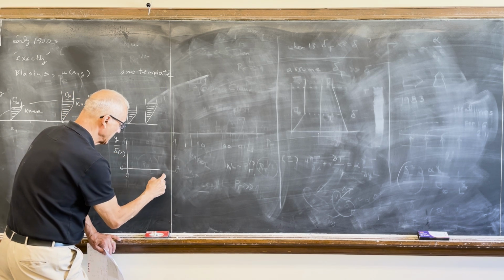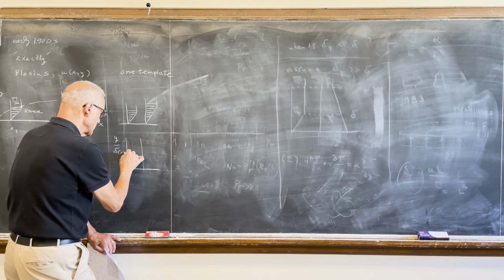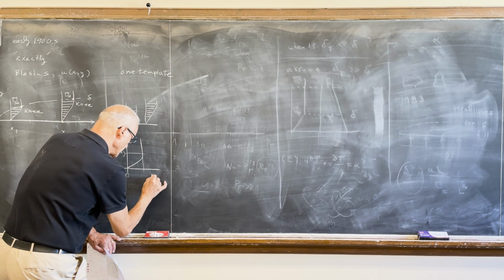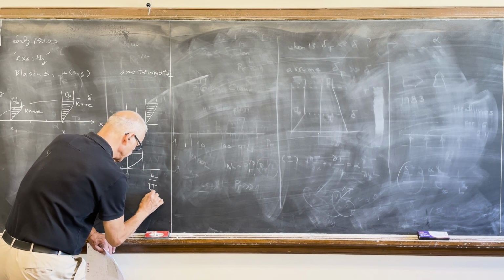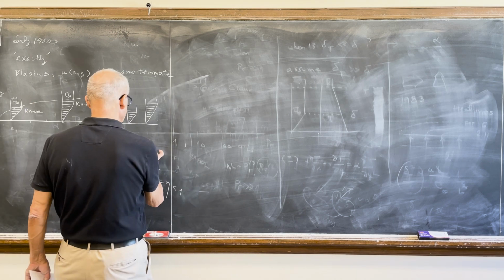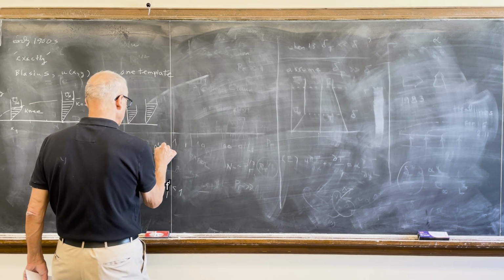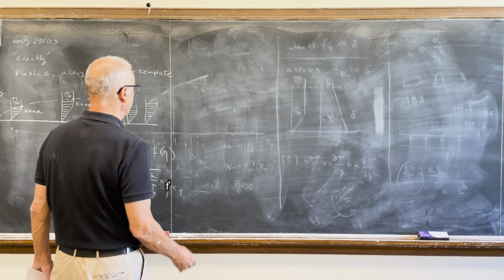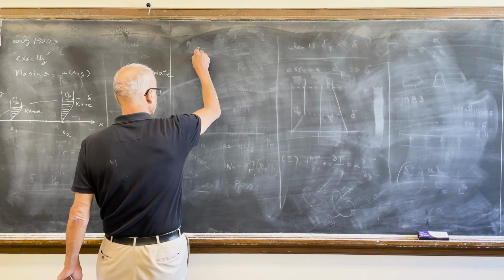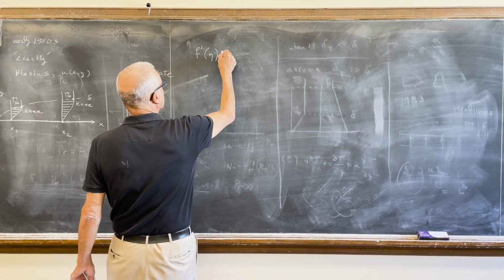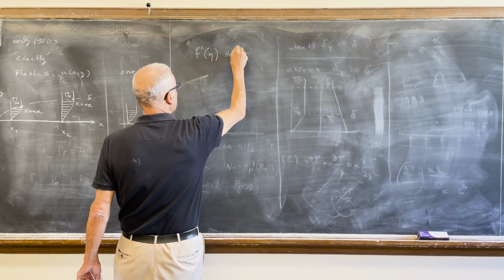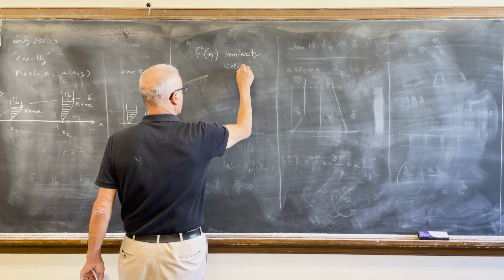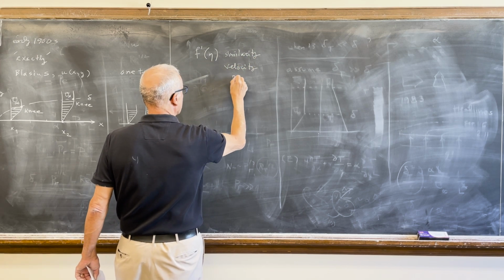And on the abscissa is the template profile, which is u over u infinity. Get it? This curve is called f prime of eta. So f prime of eta is the similarity velocity profile.